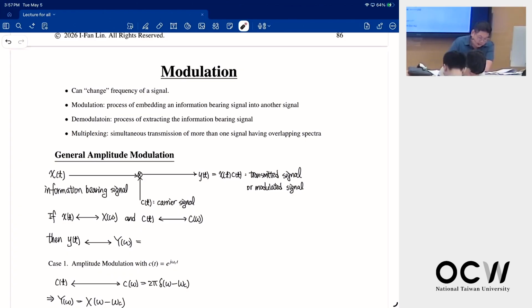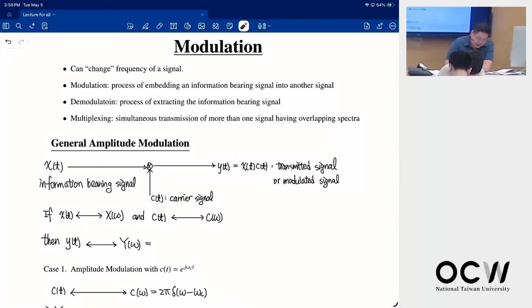So now let's see what is the general amplitude modulation. I have a signal. The signal is always called like information bearing signal. I times a carrier signal. When I times the carrier signal, then the output is transmitted signal, or we say it is a modulated signal. So if the Fourier transform of the information bearing signal is X, and also the carrier signal, we have Fourier transform, then the output in frequency domain, they times together.